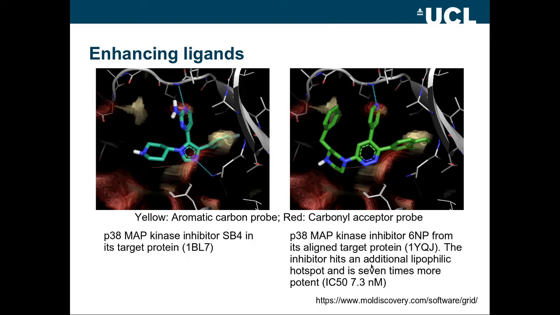And this inhibitor is 7 times more potent than this one, and so this is the sort of thing that we can start to do by modifying these structures to put groups where we want them, using a relatively rigid structure in order to minimize the entropy loss on binding and maximize the Gibbs free energy, the delta G.